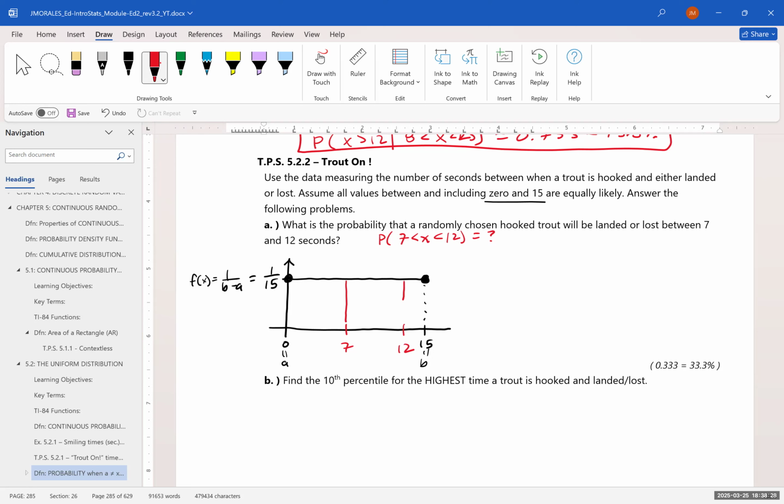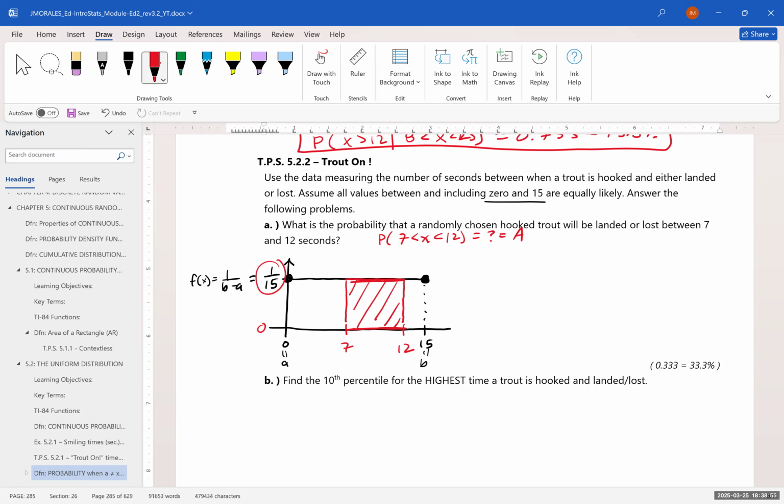Notice that I'm not being terribly accurate, because I just need something to represent the area that I'm looking for here. I need to calculate this area between 7 and 12, the x-axis and the PDF function, which has a height of 1 over 15 and starts at 0.